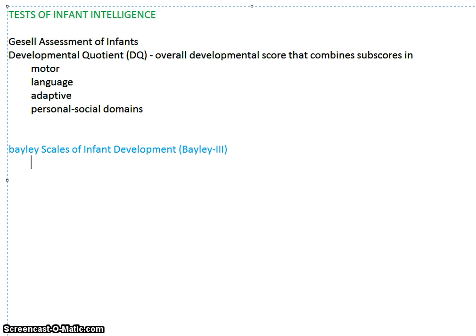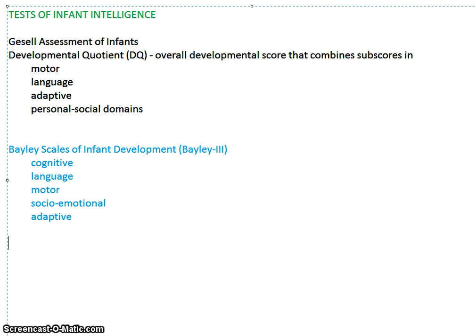This is going to measure cognitive skills, language, motor, socio-emotional, and adaptive. So basically it's the same as Gesell, but it adds in this cognitive element, and that's all you need to know for it at this point.